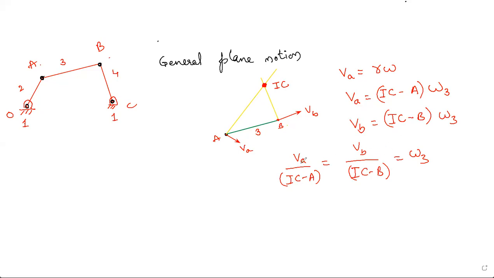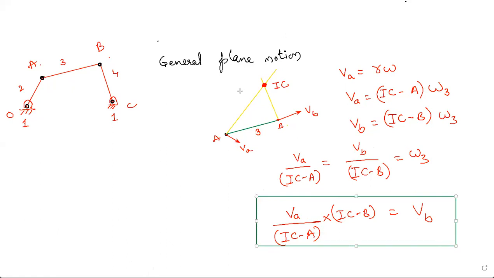If you don't know omega 3, if you know VA or VB, just equate one of those and get the answer. For instance, if VA is known, I can just equate VA by IC to A distance, multiplied by IC to B distance, to find out the velocity at point B. So this is the entire application of instantaneous center of rotation.